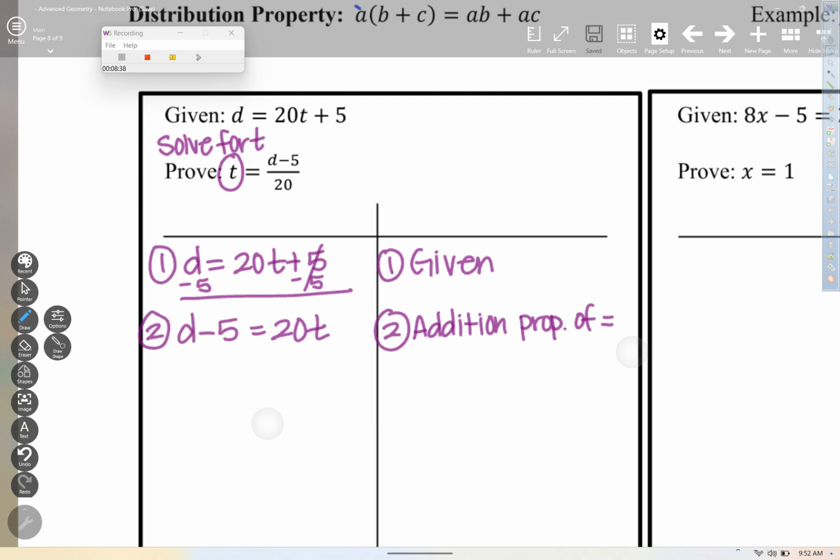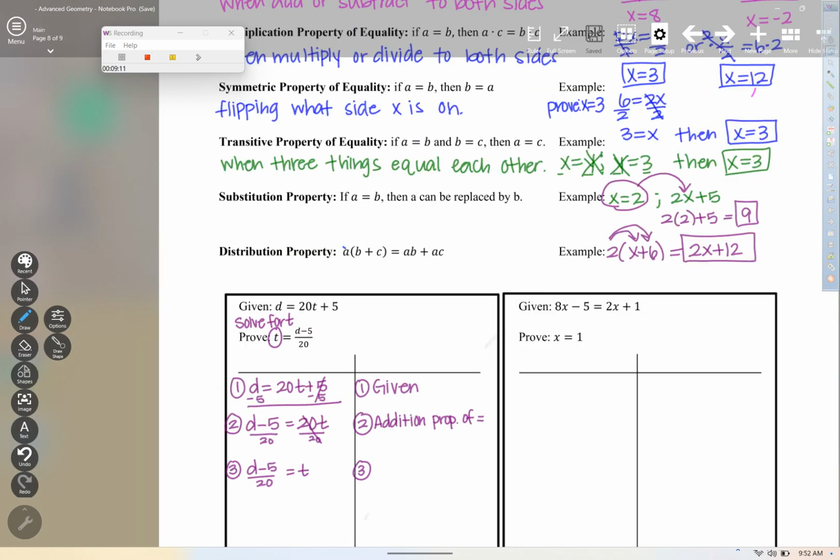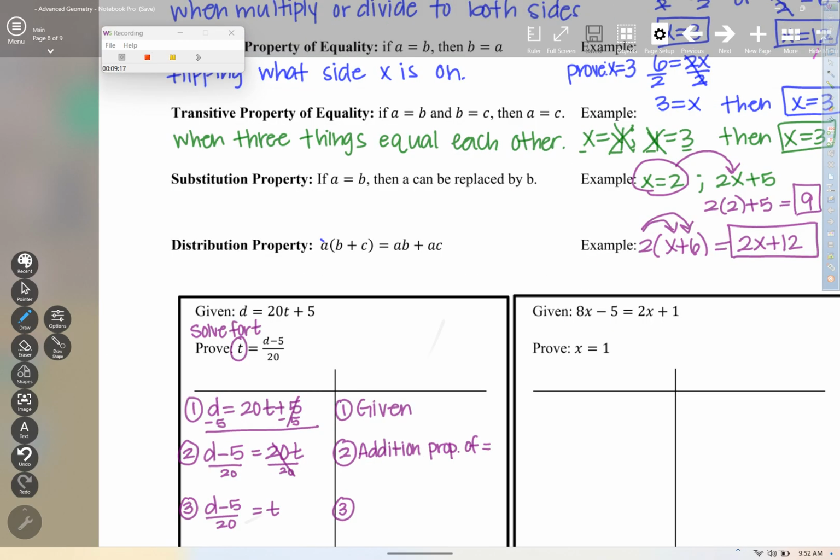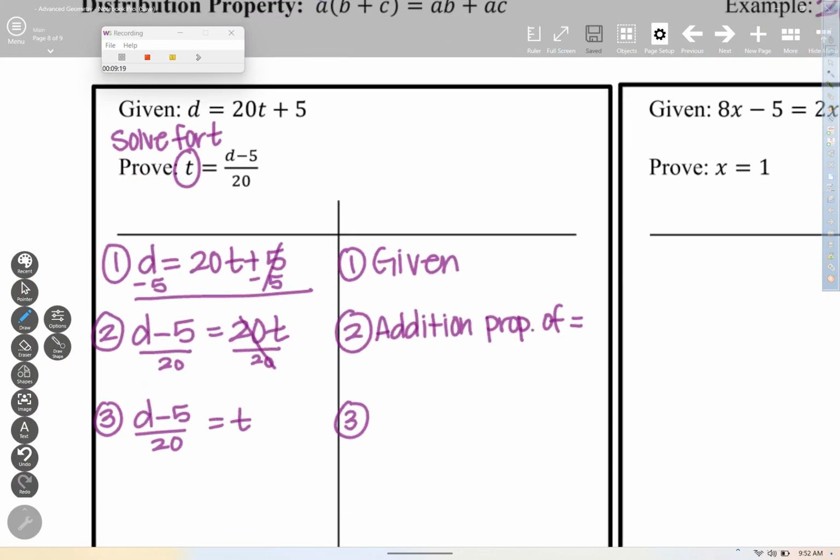And then you state, what did I just do? I divided both sides, and then you go back and look at all of your properties and say, which one is division? Well, the multiplication property of equality. So multiplication property of equality.